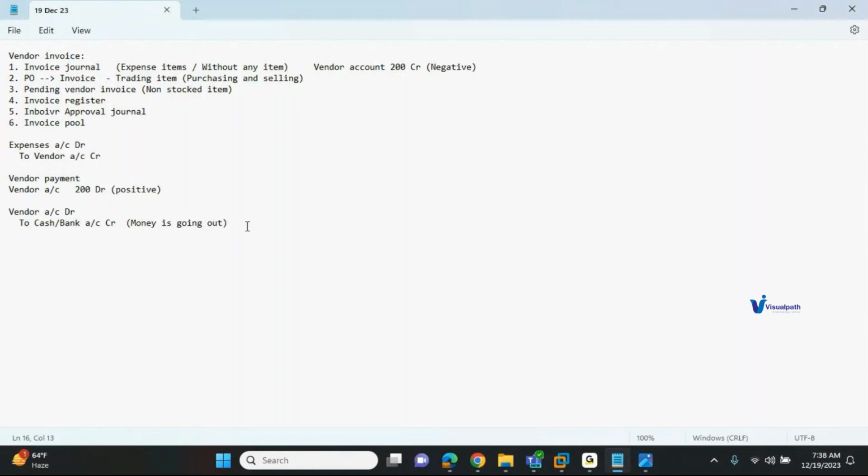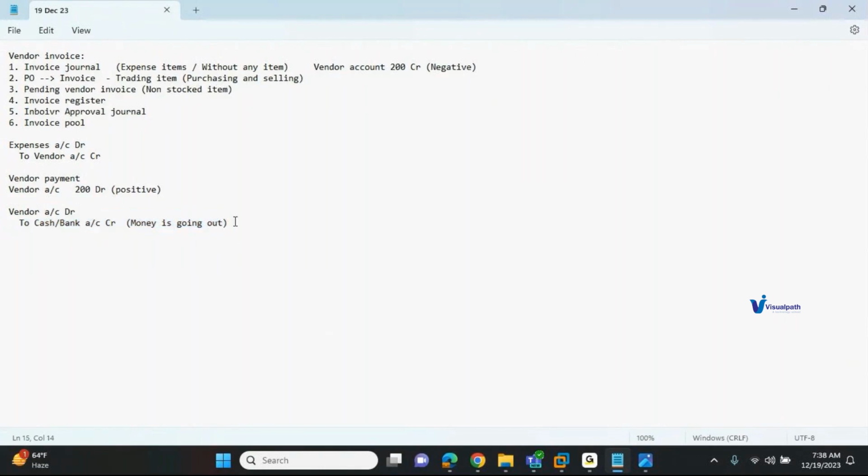My money is decreasing. At the time of vendor invoice, vendor account credit. At the time of vendor payment, vendor account debit. And my money is going out. So anyhow, you are going to learn golden rules, like 3 golden rules, whatever you have studied in your commerce. I will recap whatever it is here in the coming sessions.